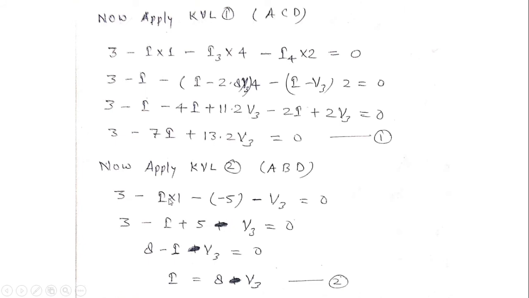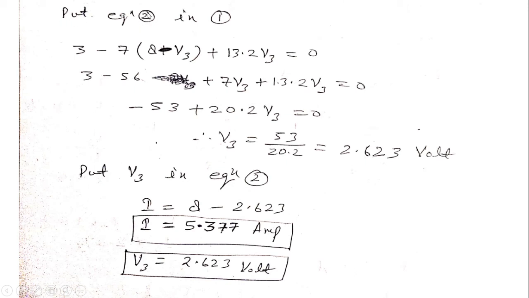So 3 minus I minus of minus 5 plus V3 is equal to 0. So 3 plus 5 is equal to 8, and from here we can evaluate I is equal to 8 minus V3. Let's say this is equation 2.